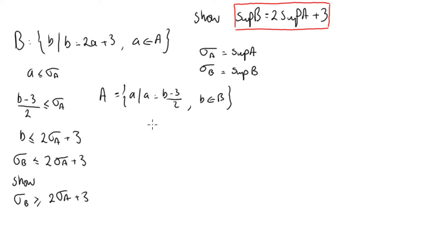We know now that set B is bounded above, so every element in set B is smaller than or equal to the supremum of B. Now we can do the same thing again. We can rearrange, and we get B equals 2A plus 3, and that's going to be smaller than or equal to the supremum of B. Now we can rearrange for A here.